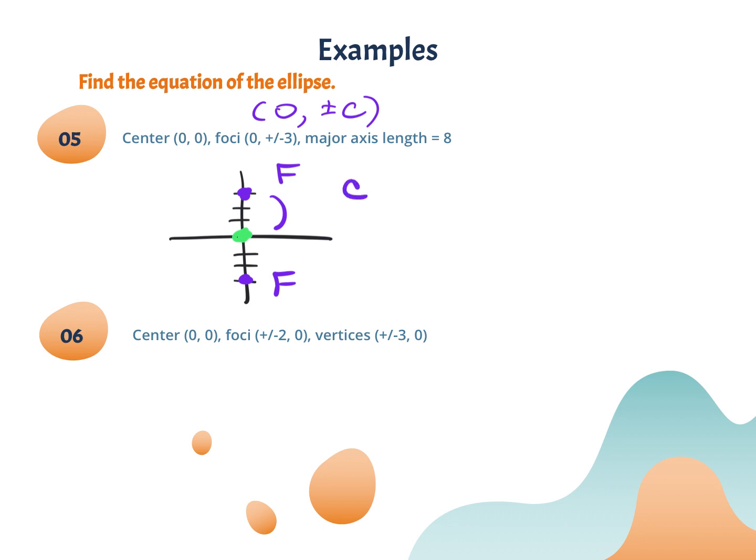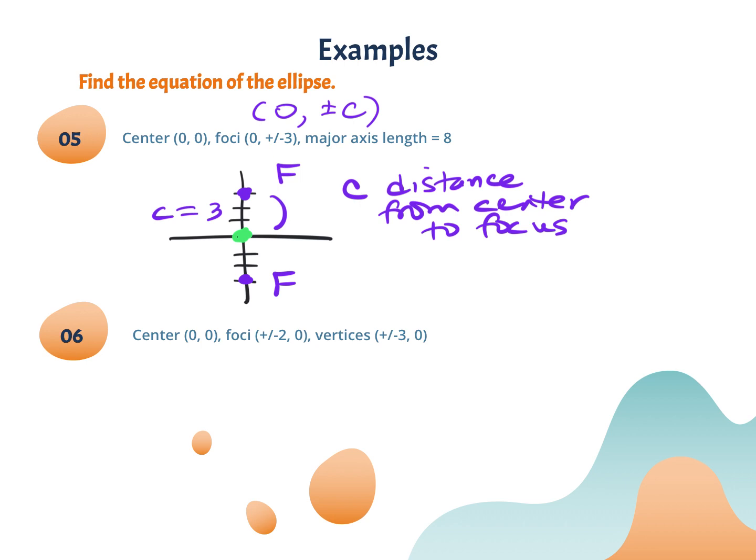And that's your c value. So c is the distance from the center to the focus. And I can just count, and there's actually 3 spaces. But again, if you looked at your ordered pair that was given to you, you could also have gotten the c value right from there.